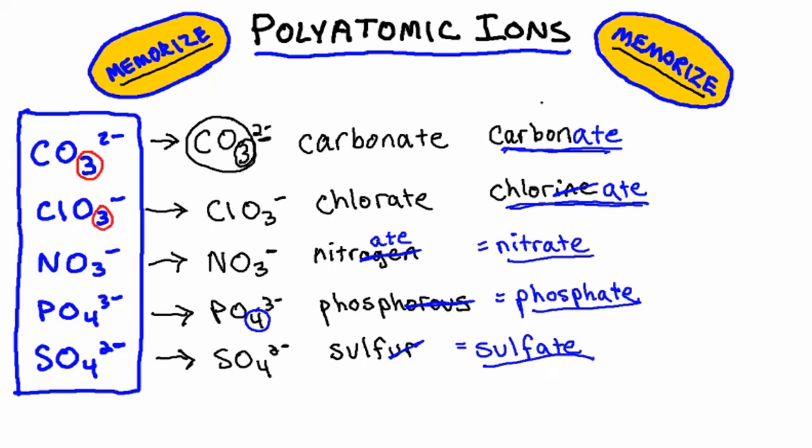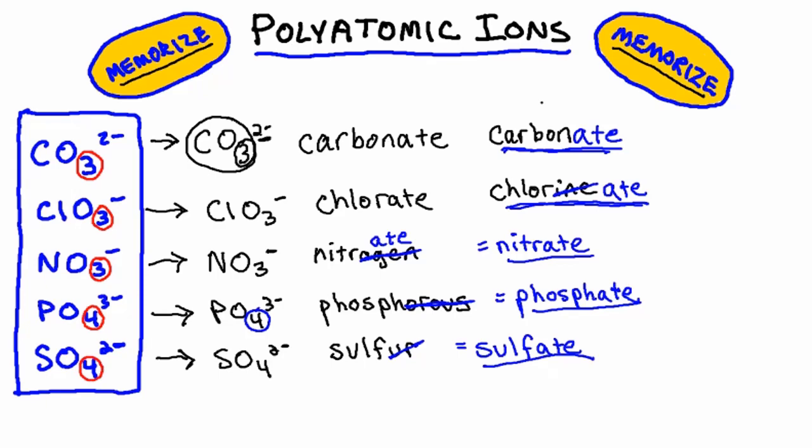So carbon has 3 atoms of oxygen to get carbonate. Chlorine has 3 atoms of oxygen to get chlorate. Nitrogen has 3 atoms of oxygen to get nitrate. But phosphorus has 4 atoms of oxygen to get phosphate. And sulfur has 4 atoms of oxygen to get sulfate.